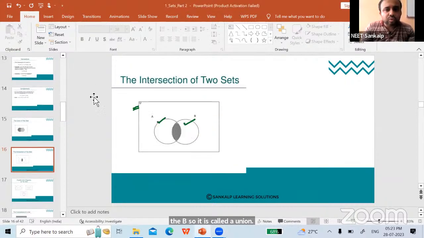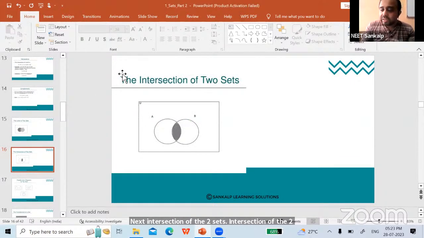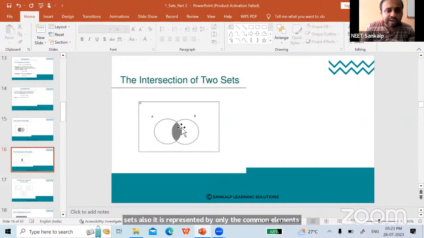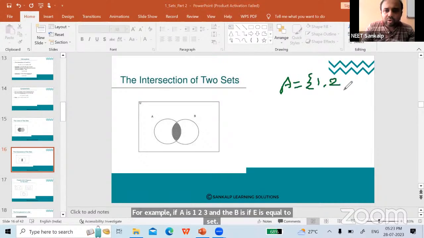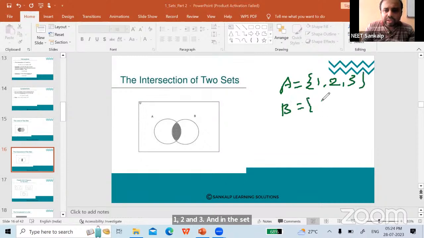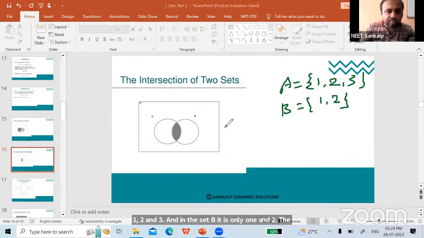Next, intersection of the two sets. The intersection of two sets is also represented in the Venn diagram, and we have to write only the common elements. For example, if A is the set 1, 2 and 3, and in the set B it is only 1 and 2, the common elements should be written in the shaded part of the Venn diagram.